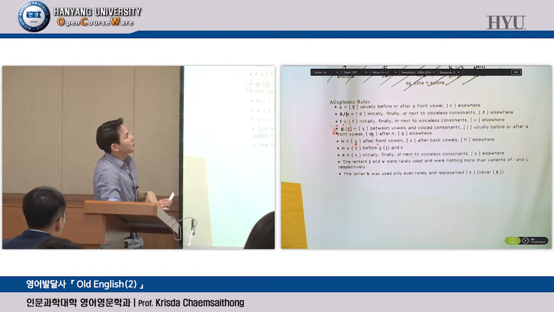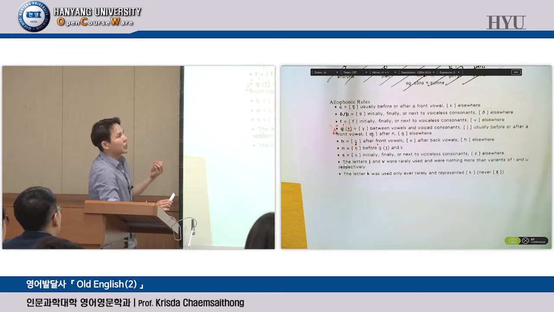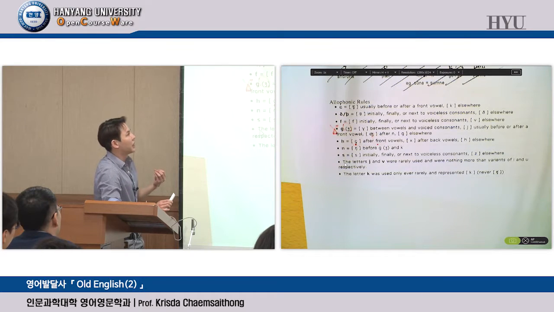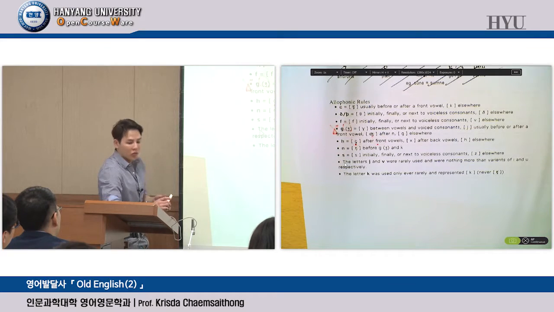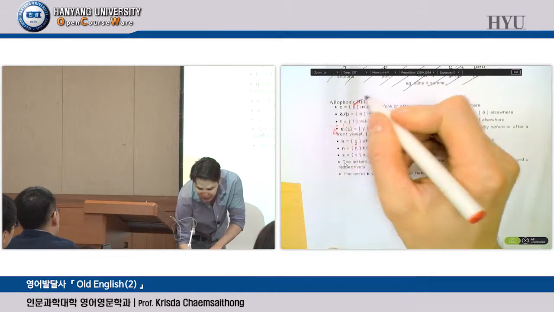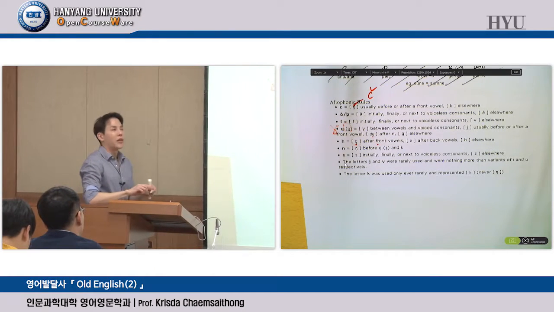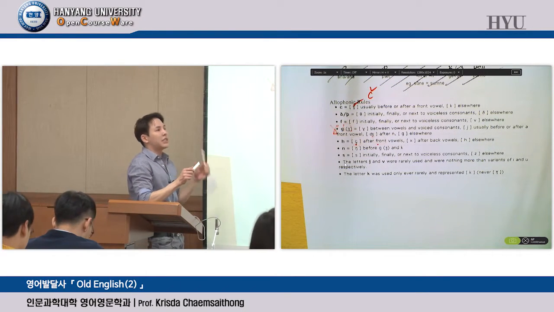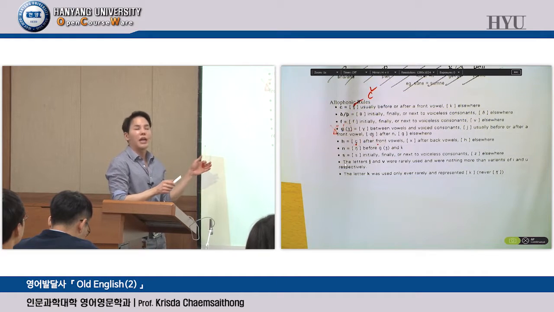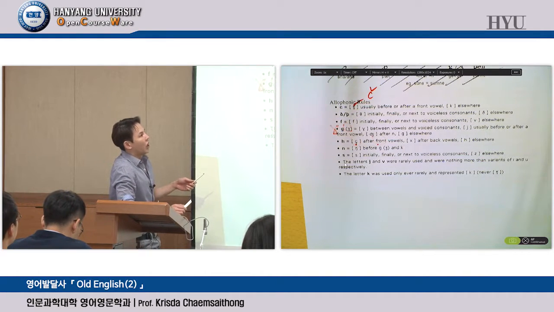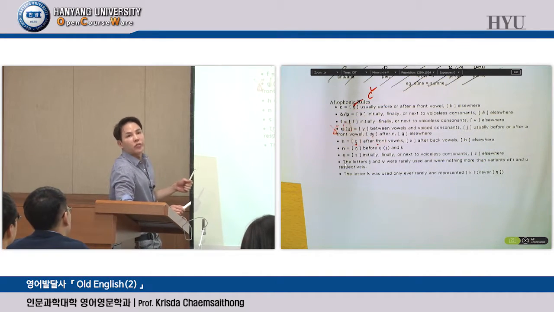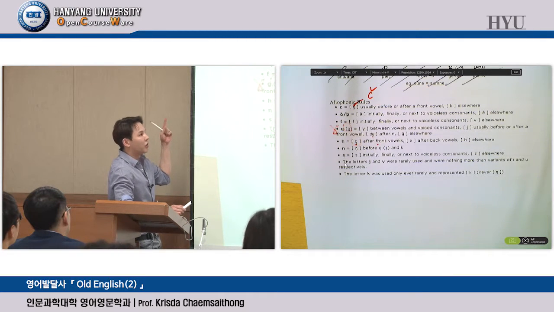So if you see the spelling of C with a T hook, or T hook is C wedge, right? CH sound, same thing, right? It will be pronounced as CH, as in church, before or after a front vowel. We studied this before. You remember palatalization, right? Same thing.